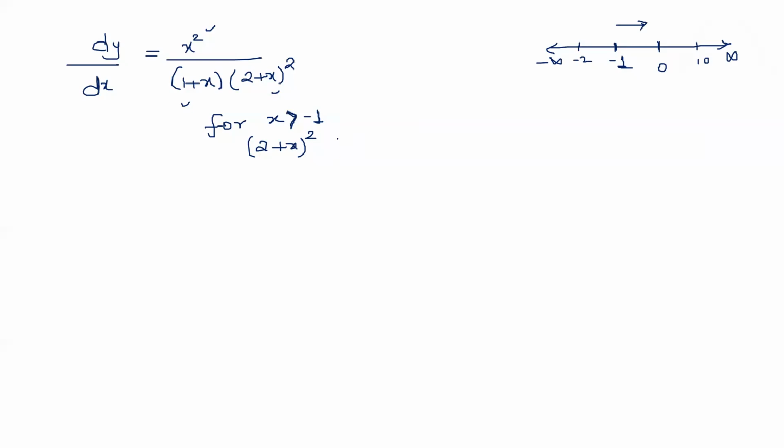Yes, always positive, always greater than 0. Why? Because it's a square. Okay, fine. Why are we taking only 2 plus x the whole square? We will discuss all these one by one, then we will decide the final answer. So this 2 plus x square will be greater than 0 for x greater than -1. This we have done. First, this is clear.